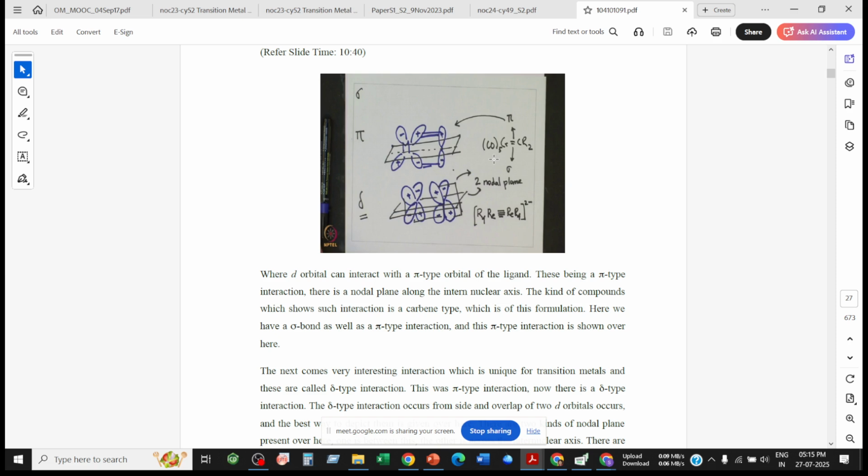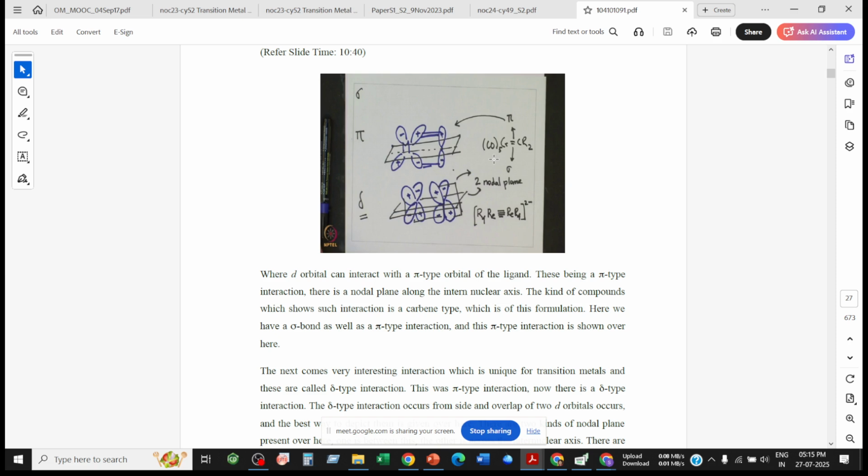But for the second compound, Re to Re, there is a quadruple bond, four bonds between the two rhenium atoms. Here you can see all three types of bonding are there. First it will form the sigma bond, followed by two pi bonds, and then the fourth one will be the delta bond.